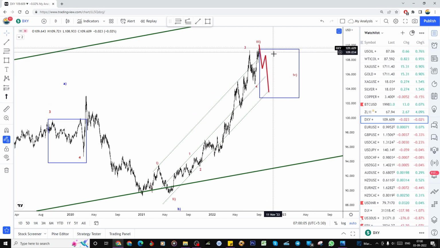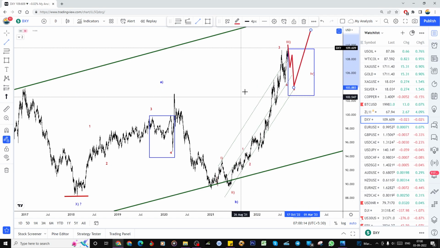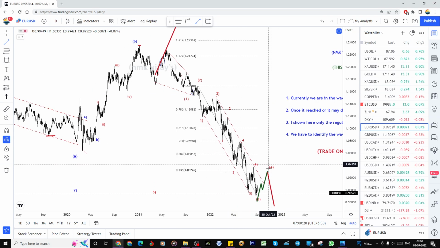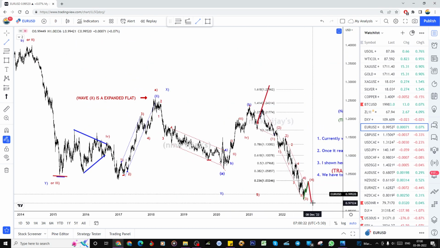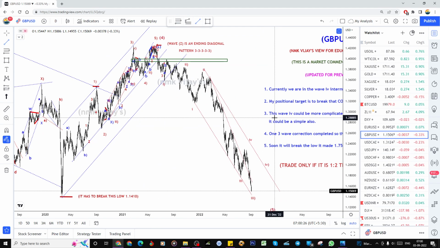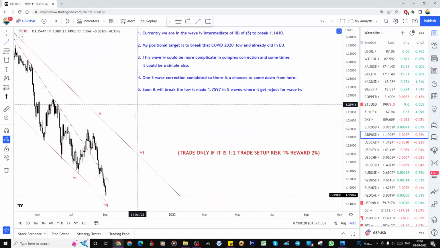Once that correction is completed in a three-wave structure, I'm expecting the final wave here, the fifth wave. The same thing in Euro USD also. After this fourth wave, I'm expecting one more wave to the downside. Same thing in GBP USD also. Look at this, this is also a five-wave structure that got completed: 1, 2, 3, 4, 5.